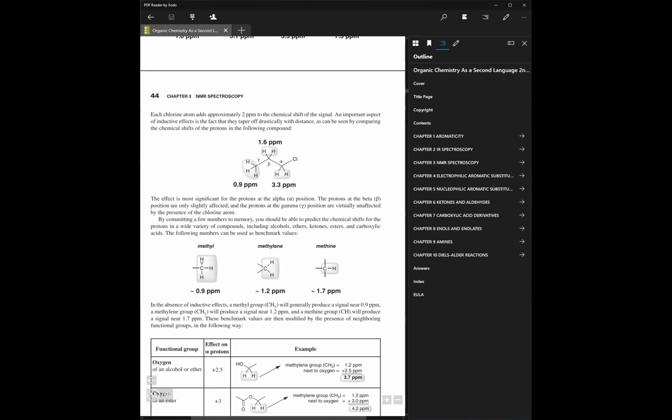So there's bigger atoms there that can pull on this electron density. So it's connected to two other atoms, I should say. So a CH2 group is slightly higher in shift than a methyl group, because it's connected to something that could eventually grab some of this electron density.